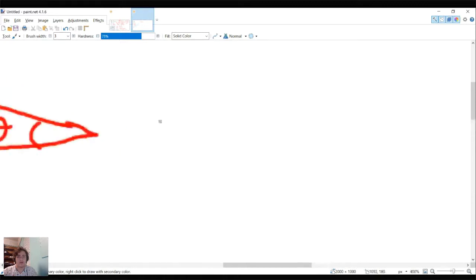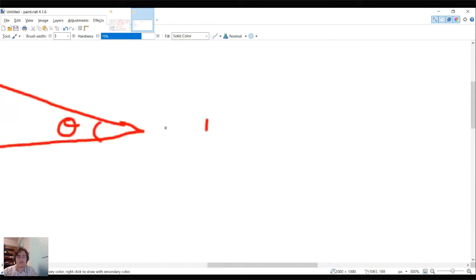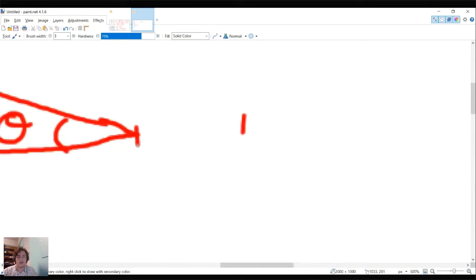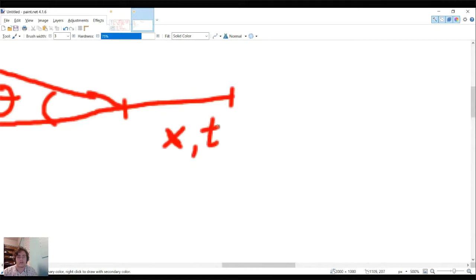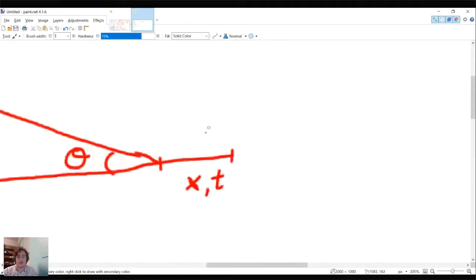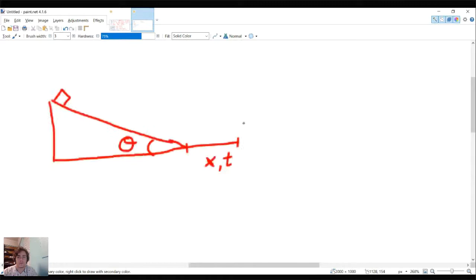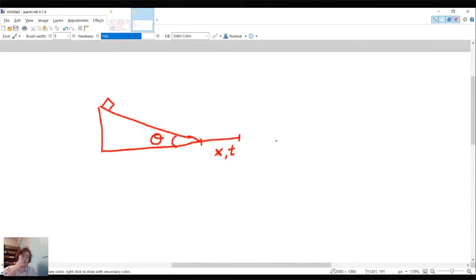And we're also going to set up a camera at this point to take pictures in time. So the camera is going to start timing when it hits here until it travels here, some distance x, and this will take some time to travel. And using this small interval, we're going to approximate the speed that the block has at the end of the incline.